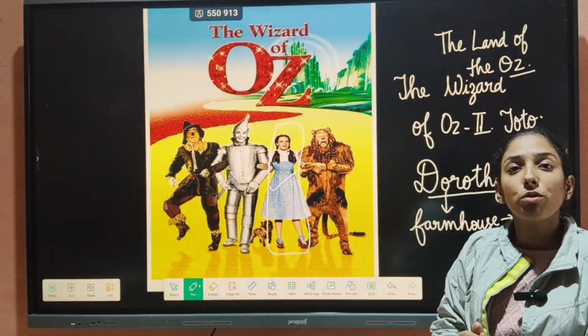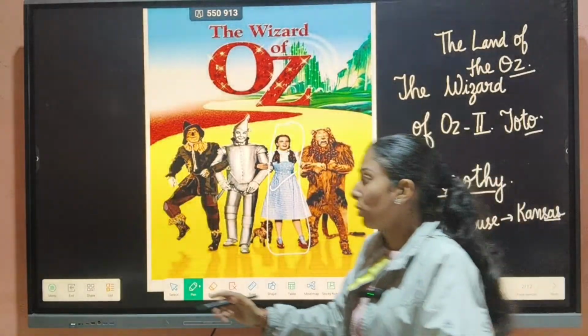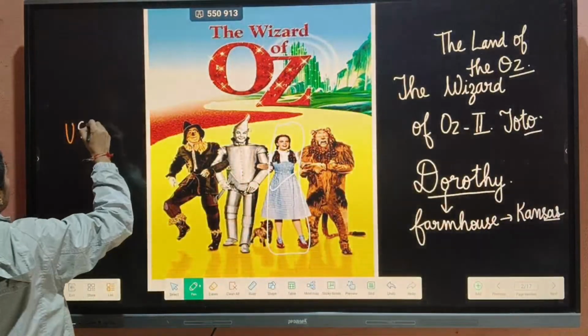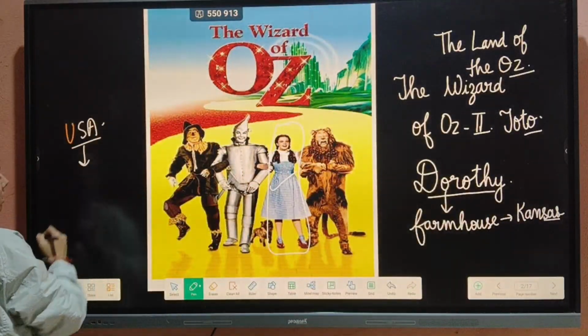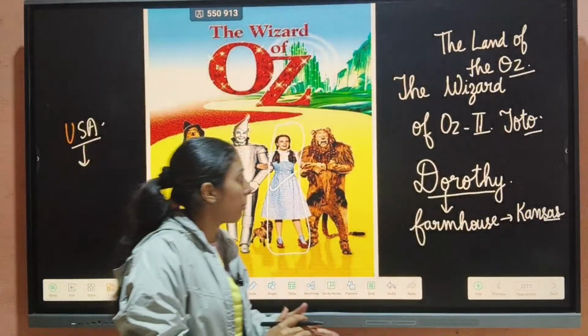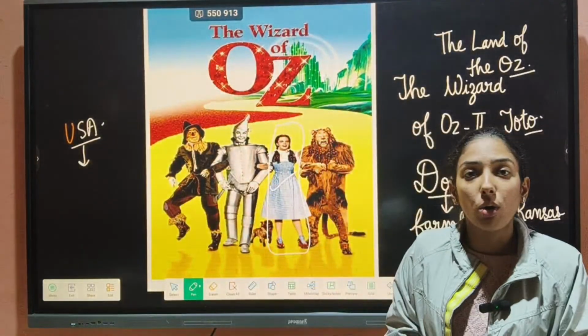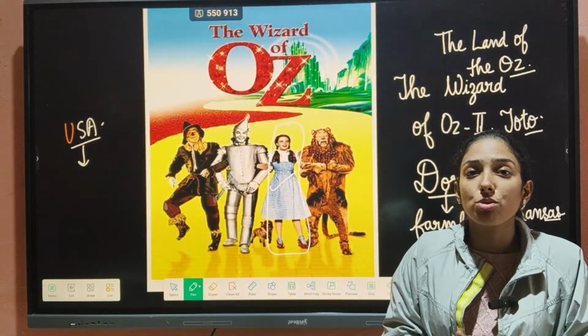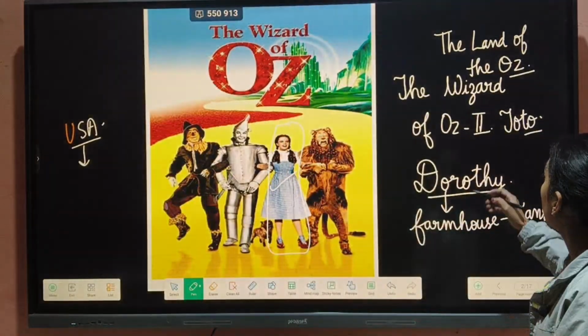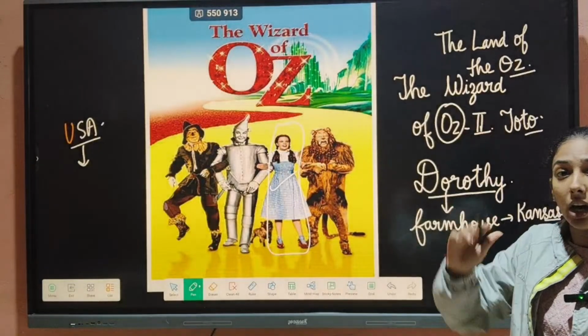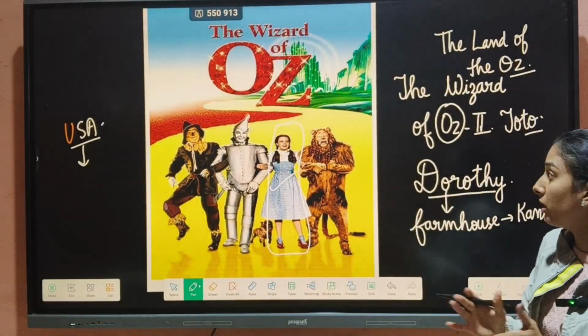This Oz is name of a place in USA. So, beta, what happens? Dorothy, along with her dog, now she has gone where? In the land of Oz. Okay, an imaginary land.